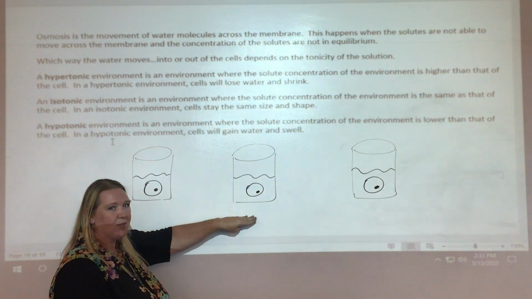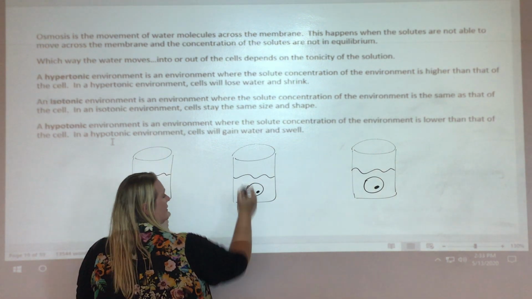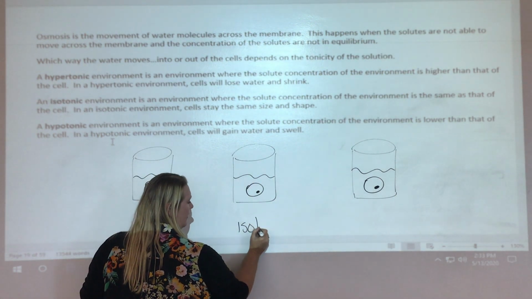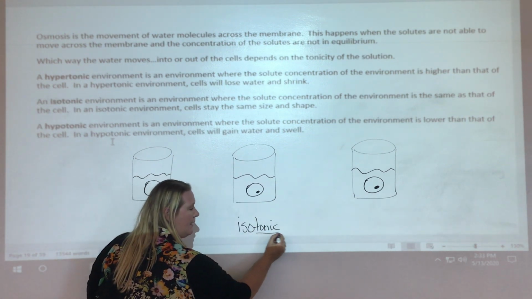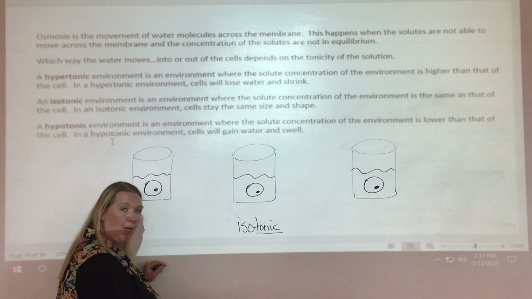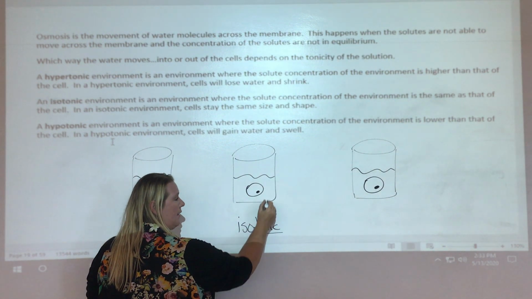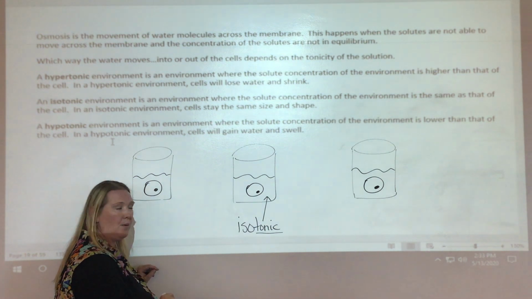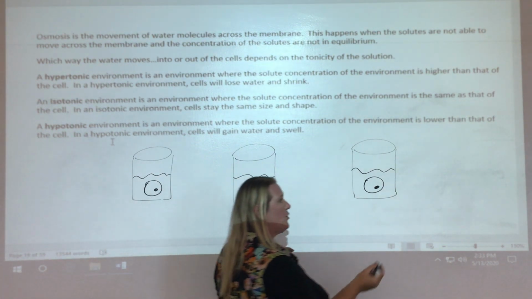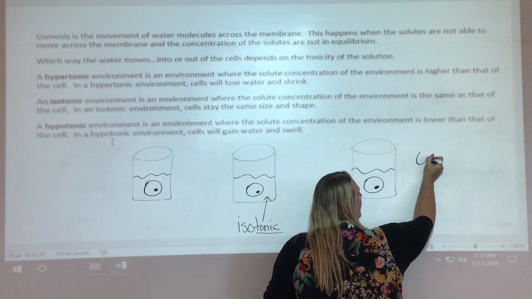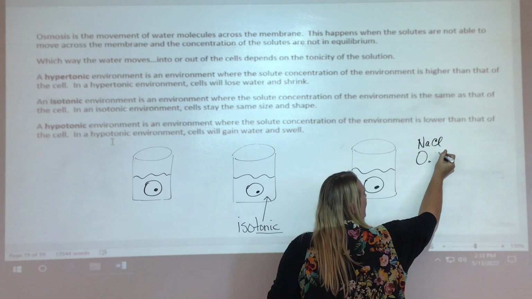So I'm going to start with isotonic, and I know it's not the order here, but I'm going to start with isotonic. So I'm going to put isotonic here. The tonicity of the liquid, of the solution. So I'm looking at this liquid part, the liquid, not inside of the cell. Inside of the cell, kind of an average human cell, there is a salt content of 0.9%.